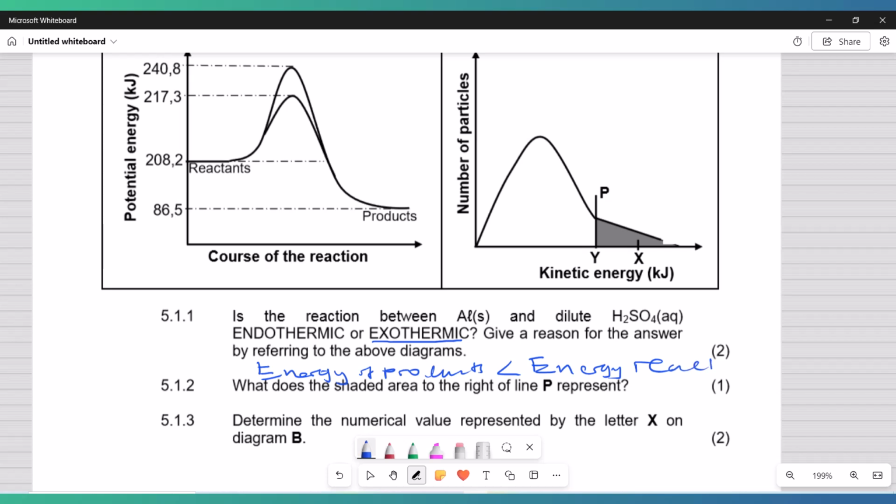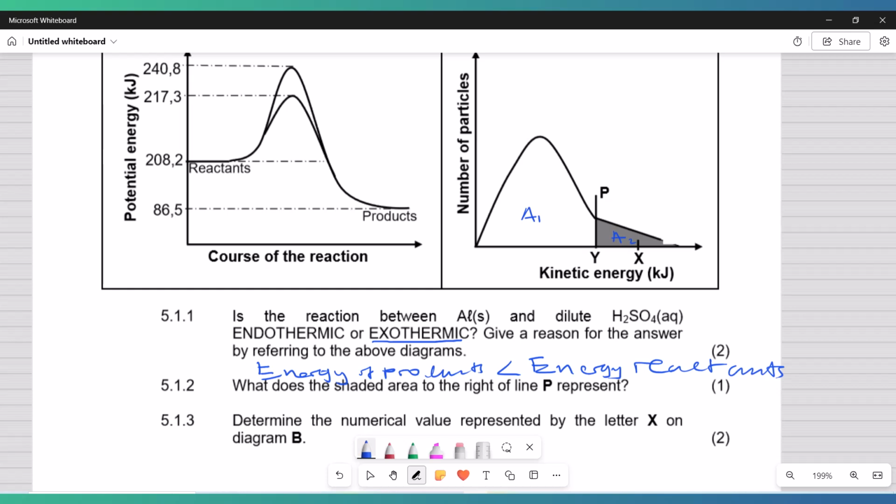Then the next question says, what does the shaded area to the right of line P represent? Now this is the number of particles. This area here, let me call it area 1. Now the question talks about area 2, this area here. Area 2 shows those particles which have sufficient energy for effective collision.